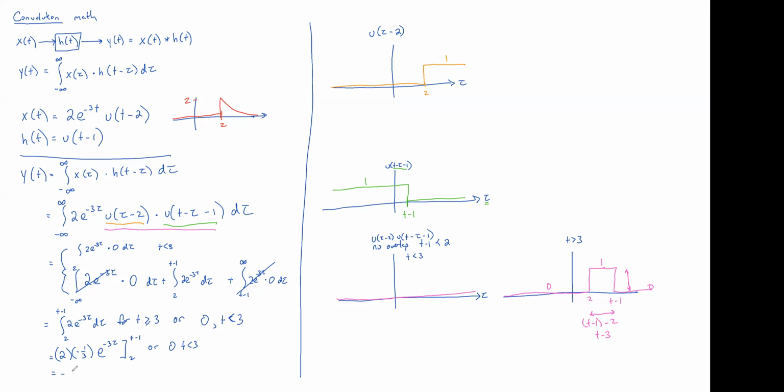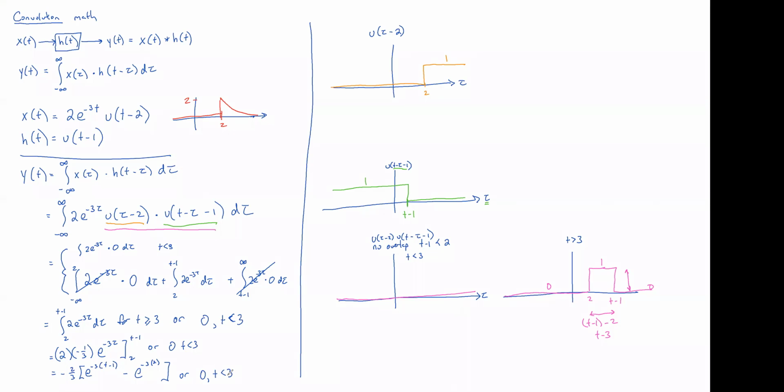So this is going to be minus 2/3. The second part evaluates to e to the minus 3 times t minus 1 minus e to the minus 3 times 2, or 0 if t is less than 3.